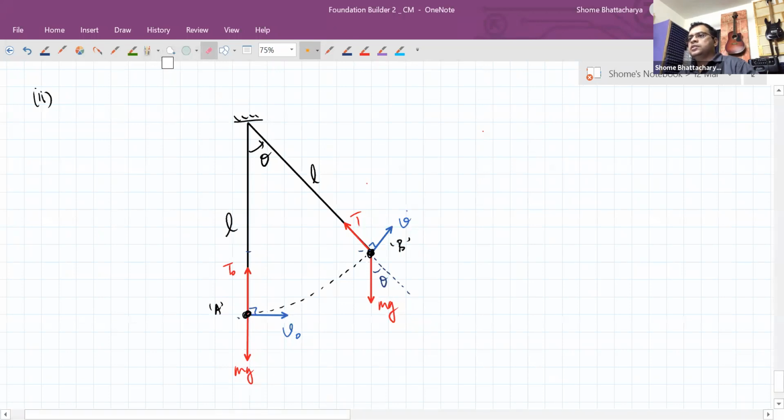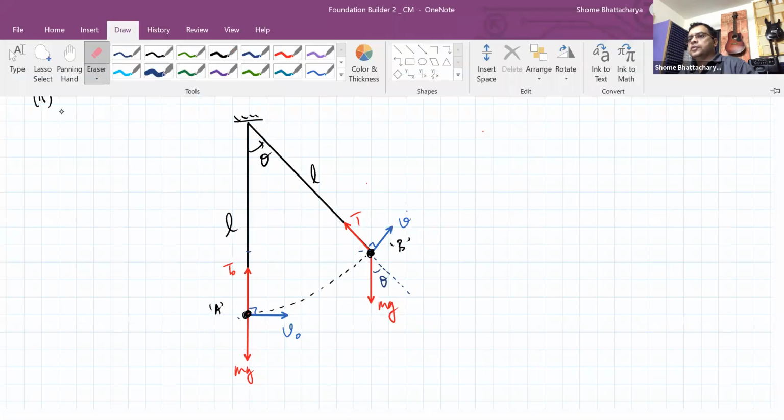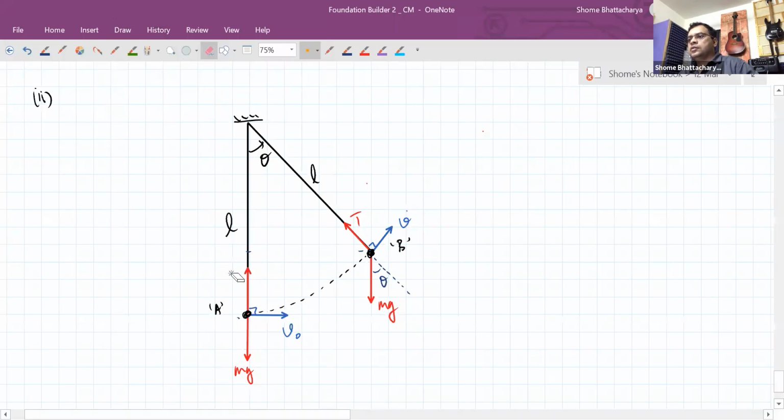So now I'll just concentrate on the vertical displacement part first.